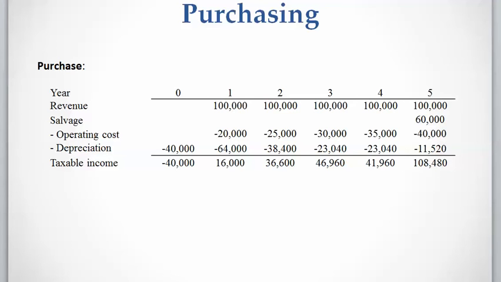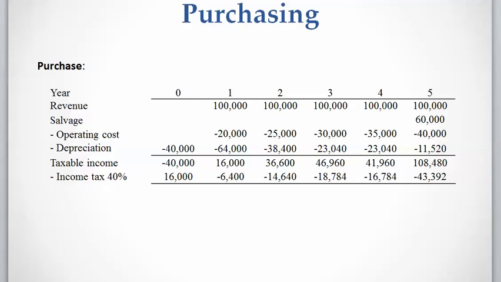Then we calculate the taxable income. We make a summation over each column. The tax is 40%, so 40% of taxable income. And then we calculate the net income, where we deduct the income tax from the taxable income.